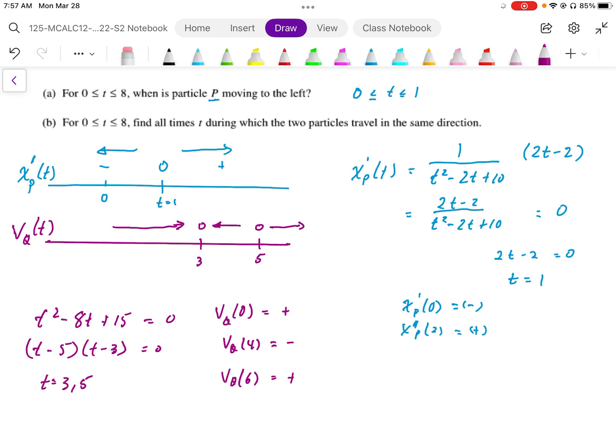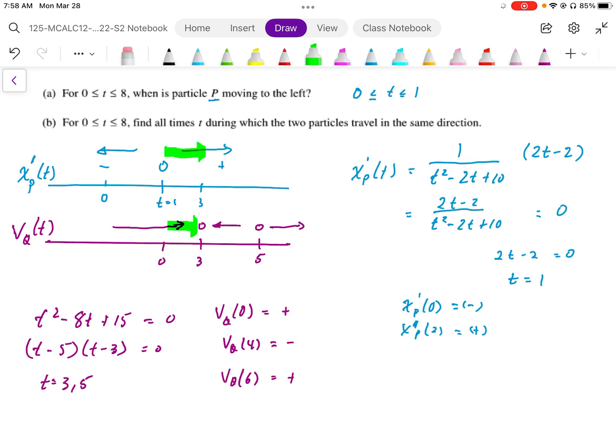Okay, so find all the times at which the particles are moving in the same direction. If I take a look at from 0 to 3, it's moving in the positive direction for both graphs. So I can see from 0 to 3, in both circumstances here and here, they're both moving to the right.